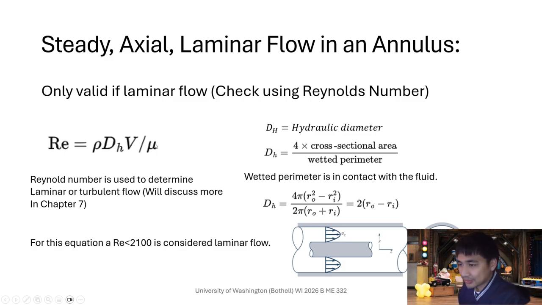That makes sense because if velocity is lower, you're more likely to get below this 2100 number, and then your flow is more likely to be laminar. We're going to learn more in chapter 7, but laminar is just more of your steady, easy, ideal flow, incompressible, what we've been making those assumptions. Turbulent is when your flow is going more crazy, more unpredictable. You're going to need different equations and assumptions for that.